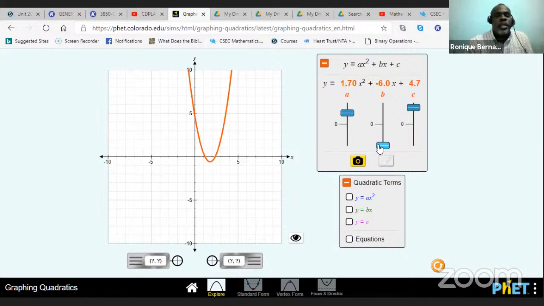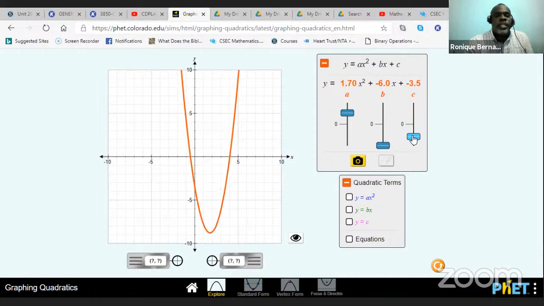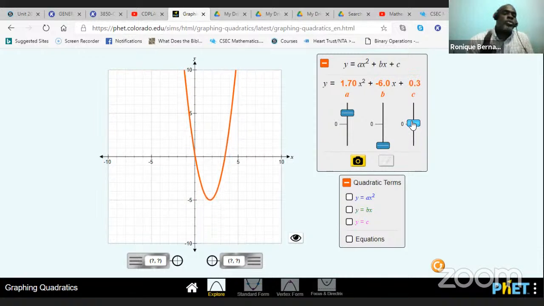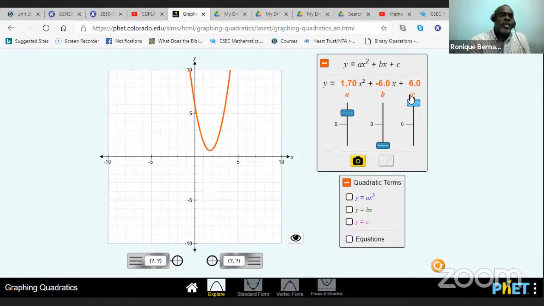It doesn't change. But C now carries a different type of transformation. So we see two transformations so far. We see rotation with the B when the B changes, and there's another transformation taking place. Transformation is basically the movement of a figure without changing the shape.